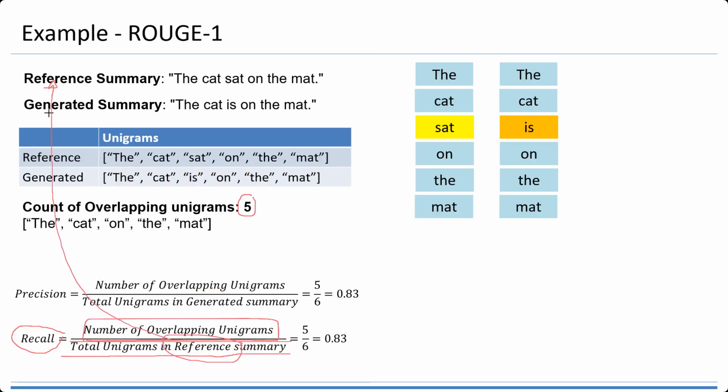The reference in this case has 1, 2, 3, 4, 5, 6. Okay, it is the same, 6 words. Then the recall will have the value 5 over 6. From the total 6 words in the reference summary, 5 words are overlapping. Then the recall is 0.83.